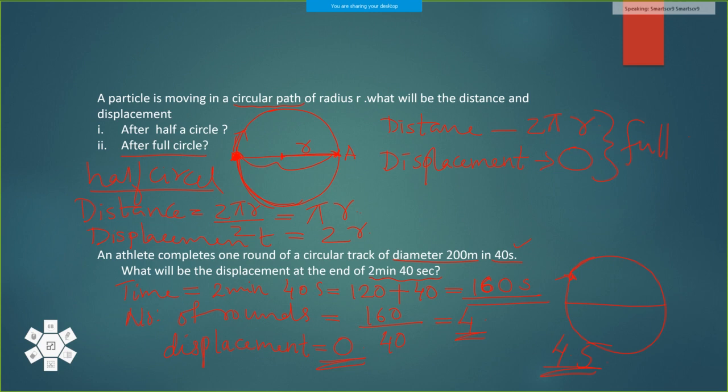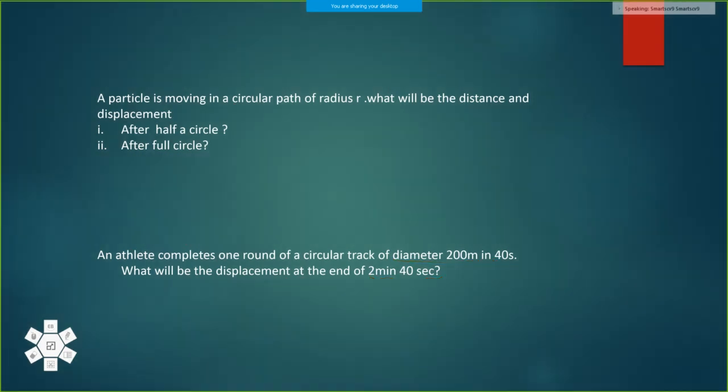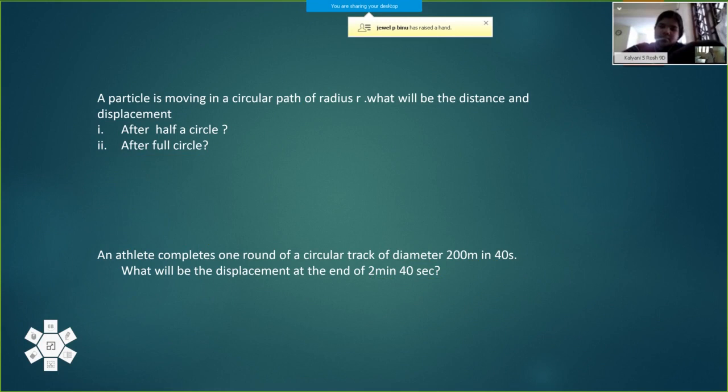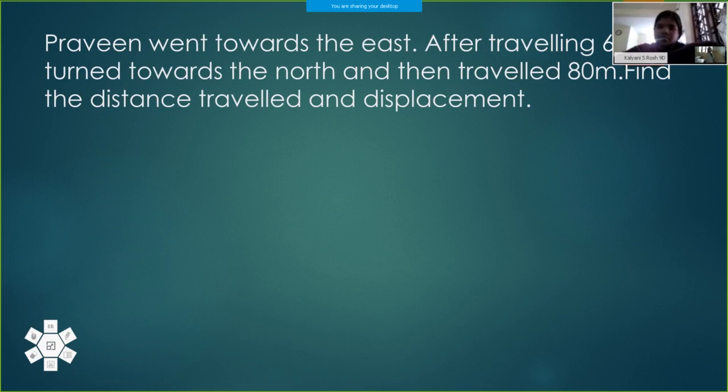Now we can move on to another type. Here is one numerical for you. Praveen went towards the east. After traveling 60 meter, he turned towards the north.